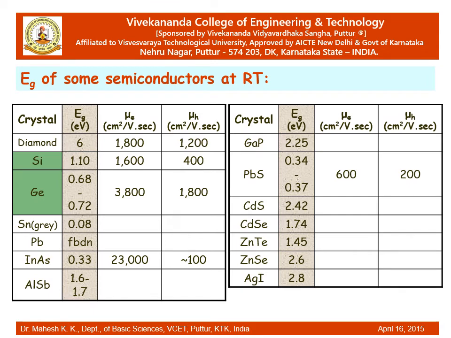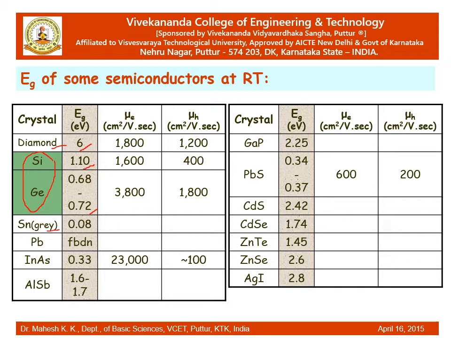Here is a list of a few energy band gaps. First, you could see these two are the elemental semiconductors. You are aware that the energy gap of silicon is 1.1, and the energy band gap of germanium we can take roughly as 0.7. For an insulator, the energy band gap is 6, that is for diamond.